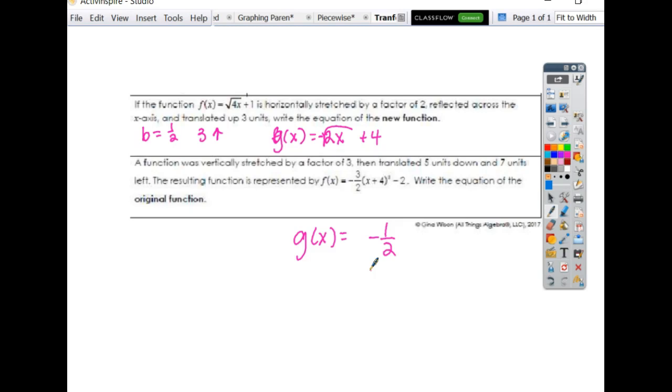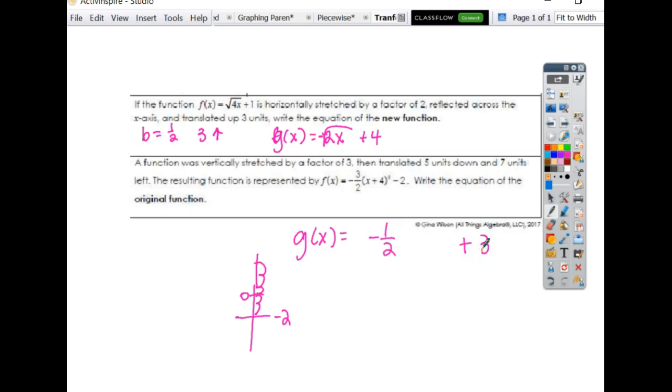So if I ended at negative 2, where did I start? So look, I ended at negative 2. I moved down 5. So where did I start? This is 0, 1, 2, 3. That's 5. So I started at 3.